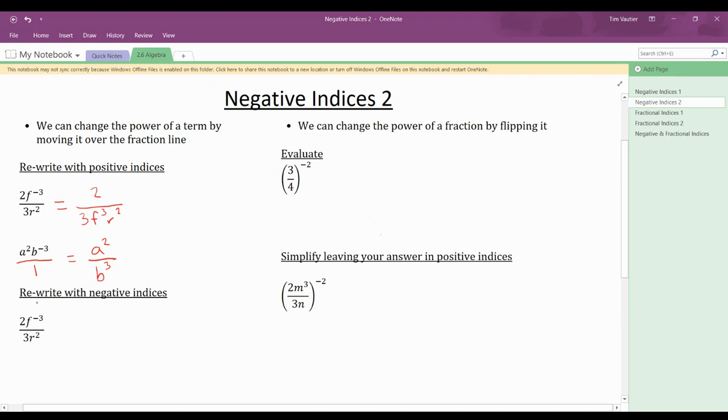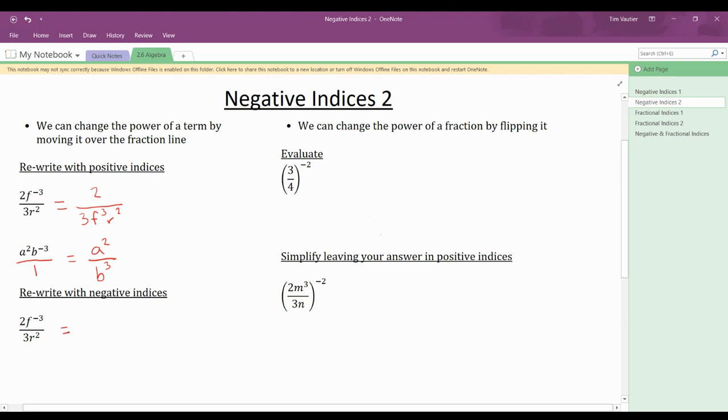And so now rewriting with negative indices, we have got the f to the power of negative 3 already, but we want to rewrite the r squared as a negative power. So this principle of making the power positive by putting it on the bottom of the fraction, I can put things to the top of the fraction and that will change the sign of their power as well.